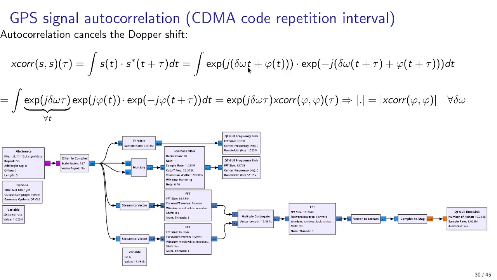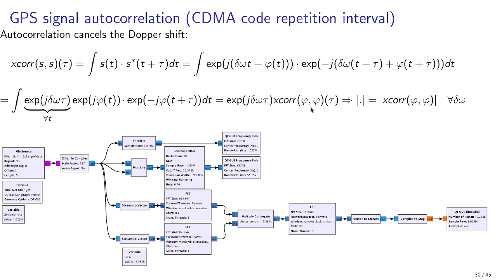However, if we take the autocorrelation, which multiplies the signal by its complex conjugate, we see that the term Δω t over here and over here will cancel, and we shall be only left with the term Δω τ, and this Δω τ is independent of the time over which the integration is calculated, so that this quantity can come out of the integral. The integral of exp(jφ(t)) multiplied by exp(−jφ(t+τ)) is actually the autocorrelation of the phase, and the phase being the pseudo-random sequence of the Gold code will end up being the correlation peak of the pseudo-random sequence.